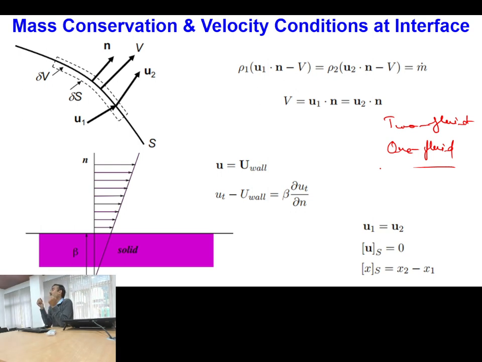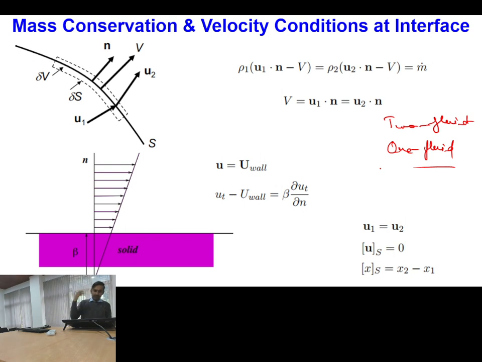At that interface, I need to supply the kinematic and dynamic boundary conditions. I will quickly recapitulate that over here. The second approach is the one fluid formulation, where for your entire domain you are only solving combined continuity, momentum and energy equations, combined phase equations. You are not considering each phase separately.